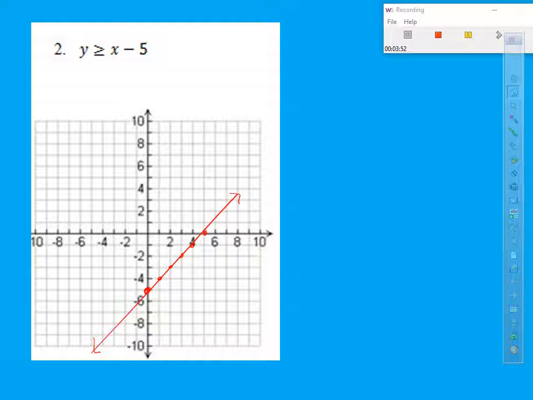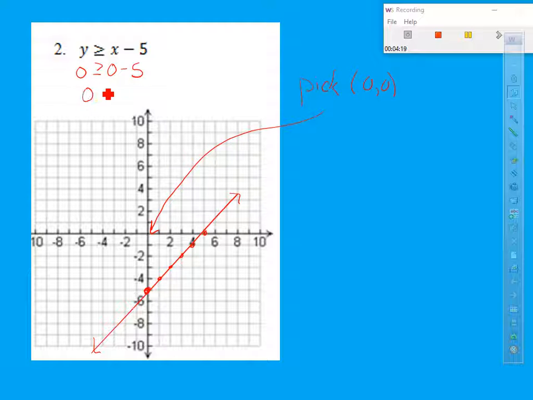So we've done all that before, but the new part is deciding which side to shade. So once again, I'm going to pick the ordered pair 0, 0, which is right there. I'm going to sub in 0 for x and 0 for y.